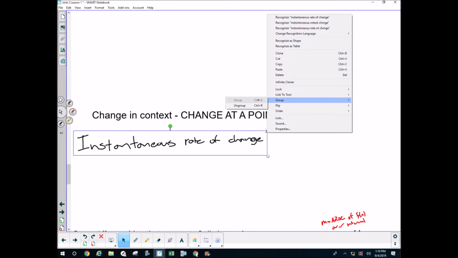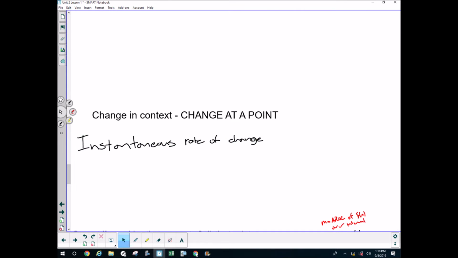The instantaneous rate of change of a function at a point is equal to not the slope of a secant, but now the slope of a tangent.